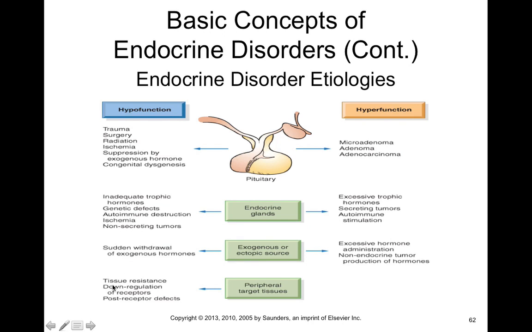Or tissue resistance can occur for hypofunction as well. Tissue resistance is where tissues stop responding to a hormone. I like to think of this as the unruly child. There's the kids that are always bad, and because they're always bad, they don't even respond to being yelled at anymore because they're so used to being yelled at that they're like, whatever. Like, I was yelled at 2 minutes ago, and then they stop responding, right?